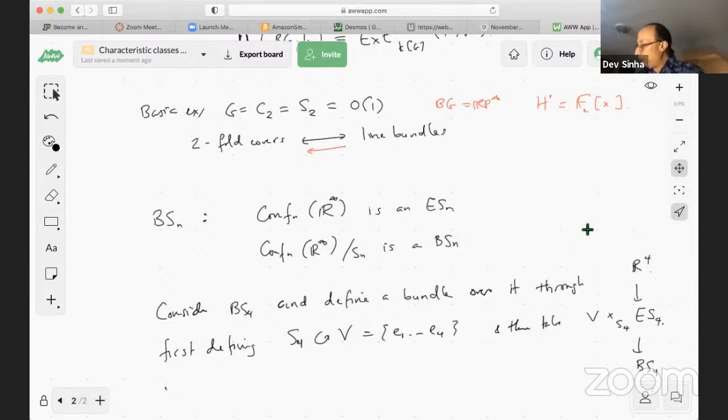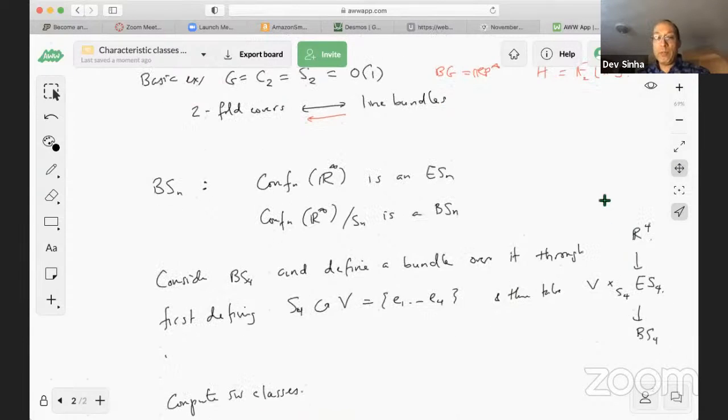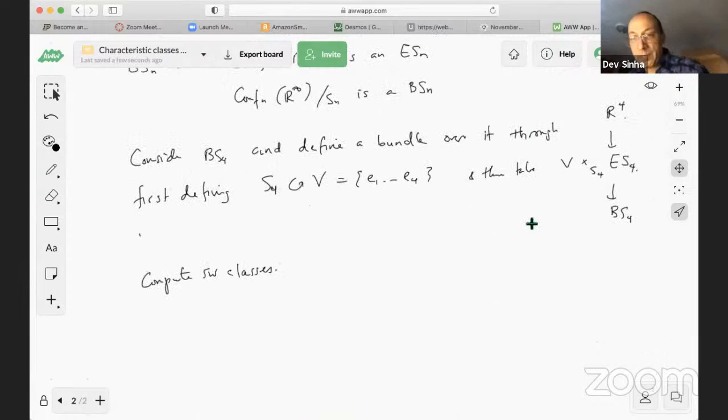Okay, so that's a vector bundle, and I want to compute its Stiefel-Whitney classes. Well, you would say, all right, first of all, what's the cohomology of BS4? And I would tell you, well, S4 is not so bad, but this is actually a little backwards. This is a characteristic class calculation that comes in the process of computing the cohomology of BS4, generally BS_2^n.